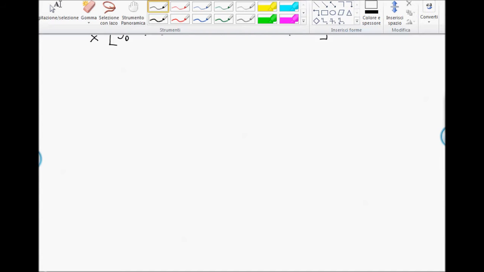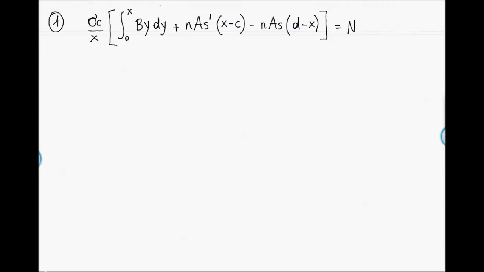Then, well, by solving the integral, we obtain b x squared over 2.